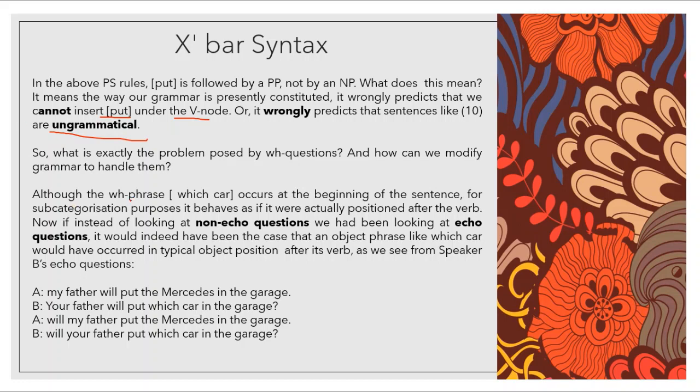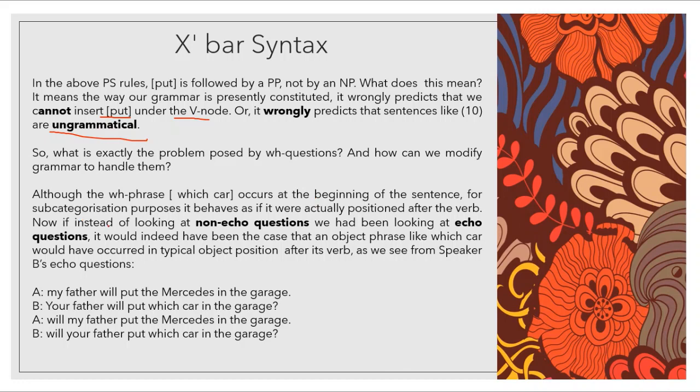Although the WH phrase which car occurs at the beginning of the sentence, for subcategorization purposes, it behaves as if it were actually positioned after the verb. Even though it comes before the verb, it behaves as if it came after the verb.